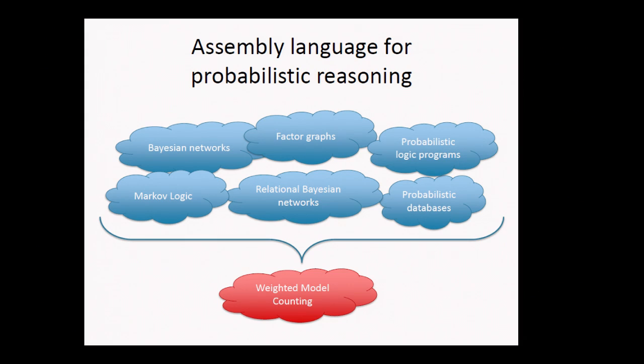They're all different in fundamental ways, but if you want to compute a probability, then what we have shown in the last 10 years, and not me, but other people, including here, is that you can just reduce this computation to a weighted model counting problem. So if you can build an efficient solver for weighted model counting, you can build an efficient solver for all of these problems, similar to how if you can build an efficient SAT solver, you can build an efficient planner and an efficient verifier and so on, right?